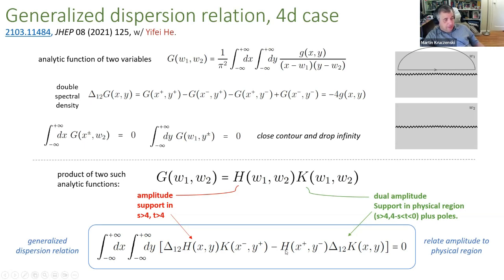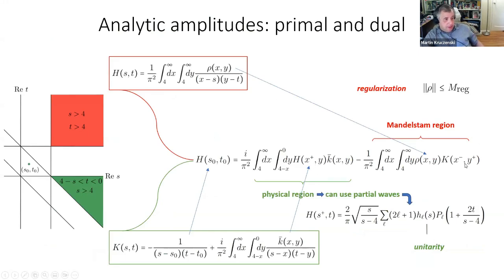And that relates the value of H at an unphysical point to the physical values of H that can be constrained by unitarity. So, I don't want to go into more detail, but here you can find the idea. So you have the amplitude in the physical region where you can use partial waves and impose unitarity on the partial waves, plus a term that has a delta function and gives me the value of the amplitude at an unphysical point.